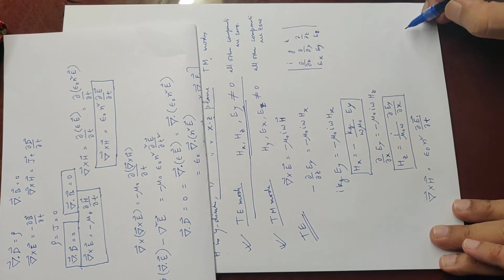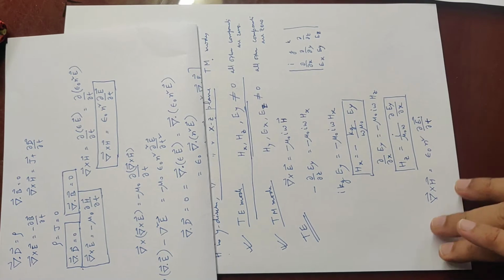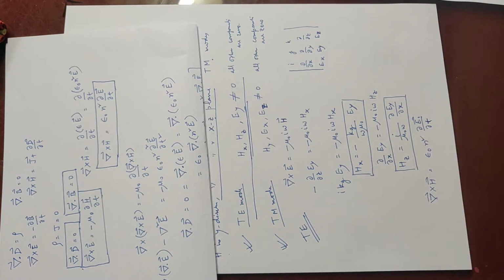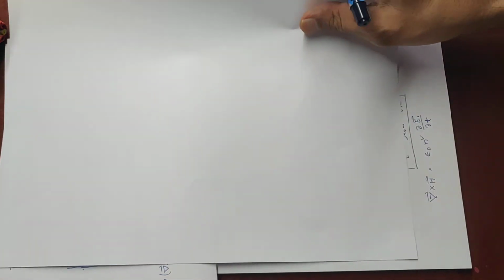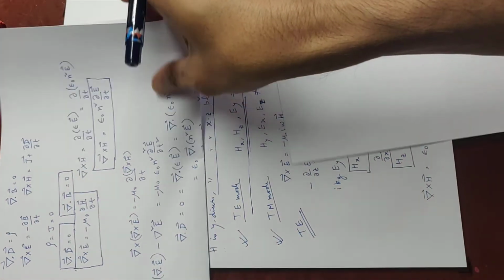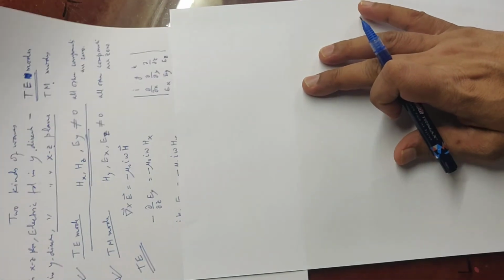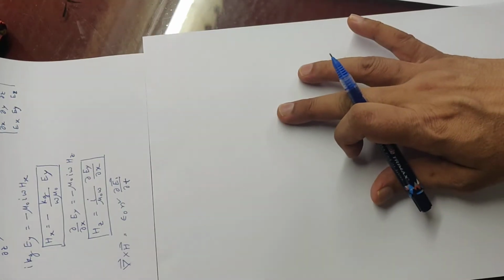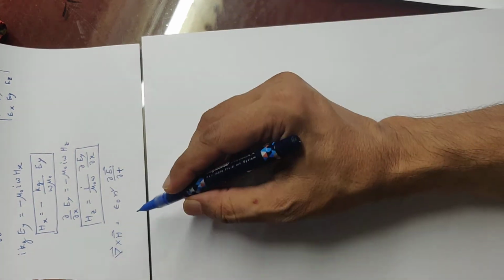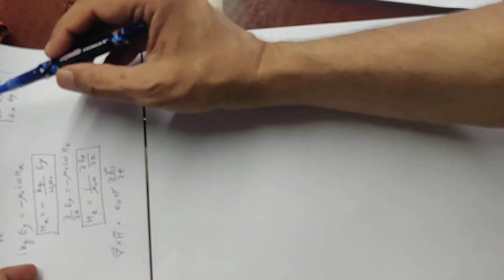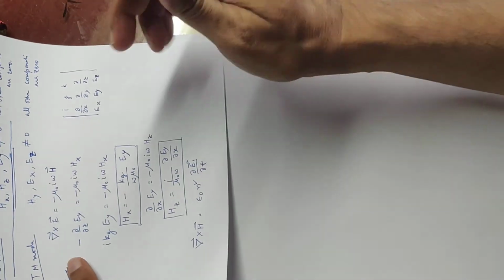So the right hand side has a Y component given by this equation. The left hand side would be the Y component, which we can take from here.